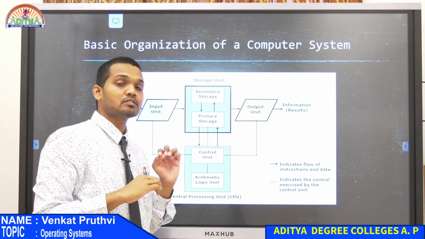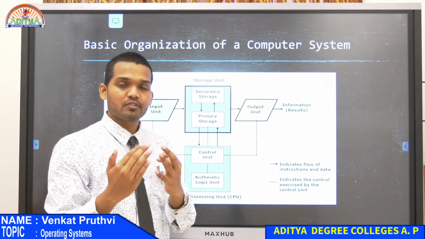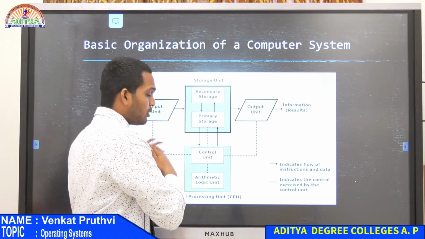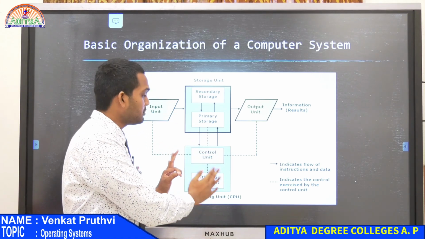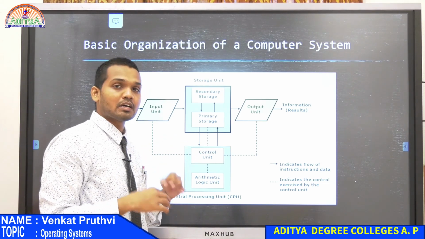The input unit is converting the English text that we are typing into machine language, zeros and ones, and sending it to the storage unit. However much time you are typing, all the time the CPU is idle, right? The CPU has no work and it's just sitting there until it has some other task to do.